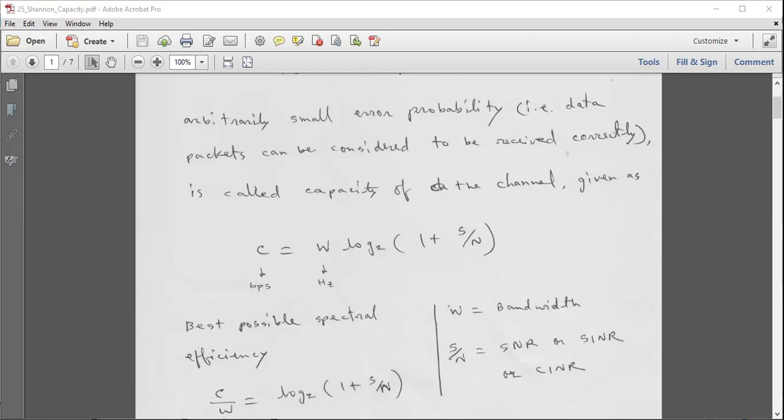In 3G, it further improved. In 4G, it improved further. So the spectral efficiency is improving. Over the same frequency spectrum, it is capable of delivering a higher and higher data rate.